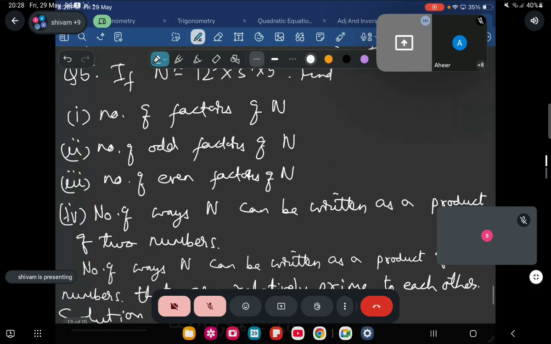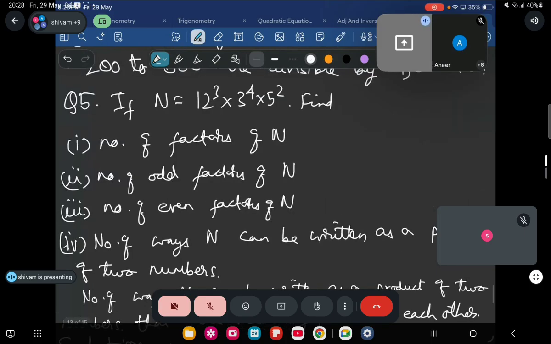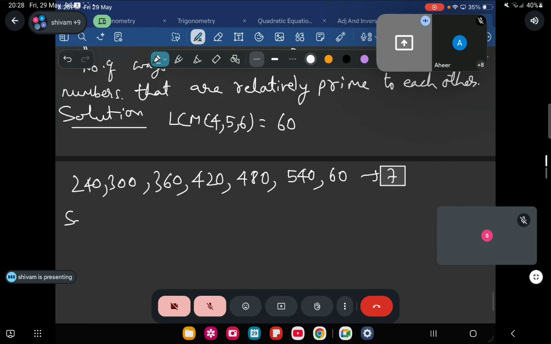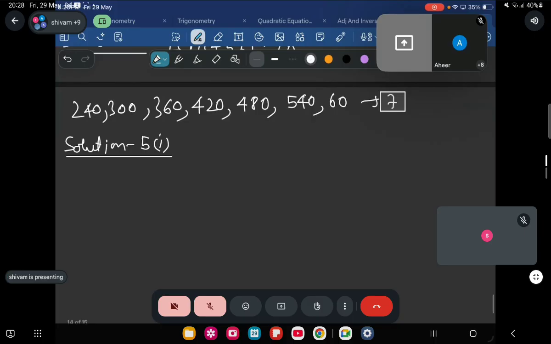Okay, so Aviraj, I'm solving part 1. Number of factors of n. So I have given the formula, right? What is the formula? Tell me, Aviraj.